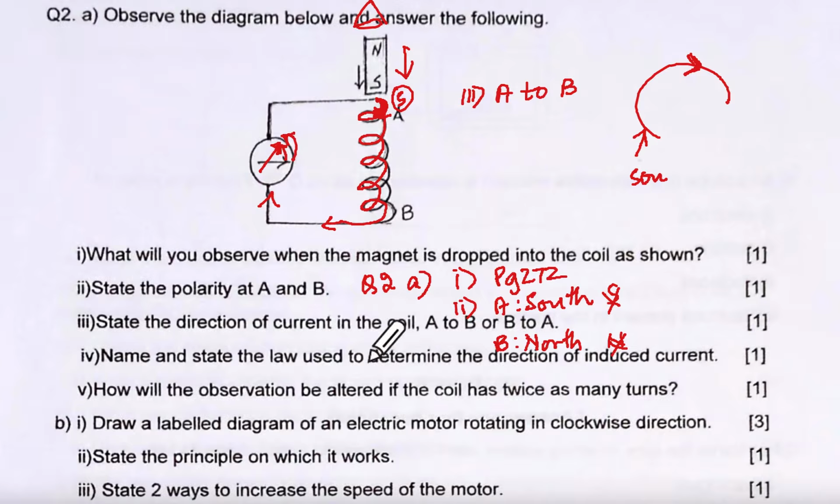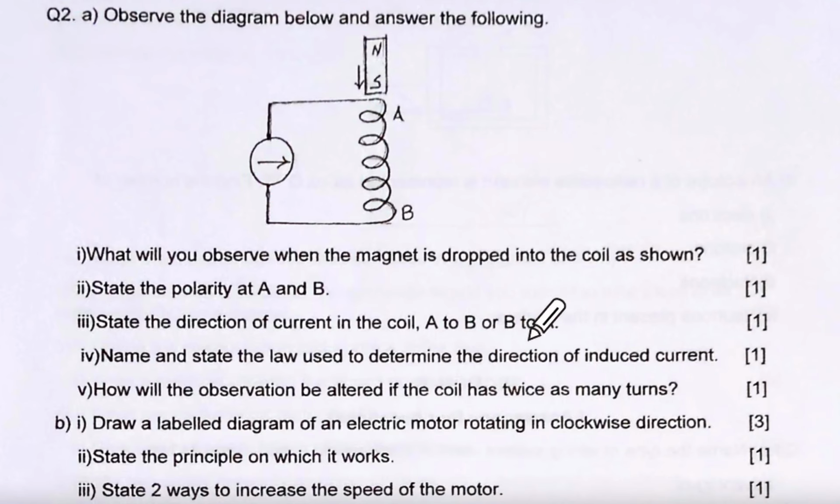Okay. Name and state the law used to determine the direction of the induced current. The direction of the induced current was after the south polarity we said the direction, then it was which one? Clock rule.